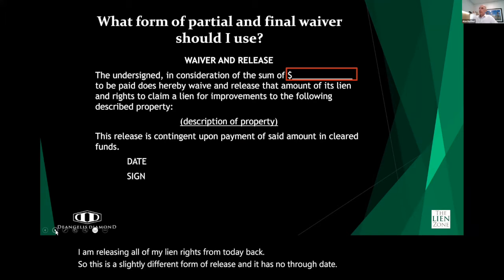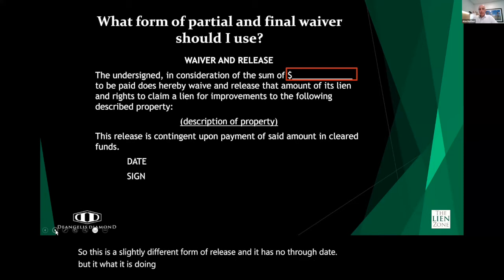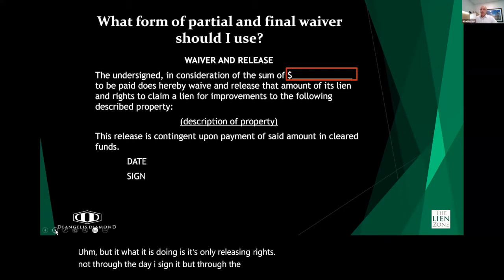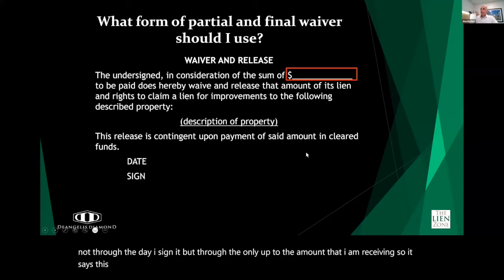But what it is doing is it's not releasing rights through the day I sign it, but only up to the amount that I am receiving. So it says this release is contingent upon payment in cleared funds. So that's the conditional language, which we'll talk about.